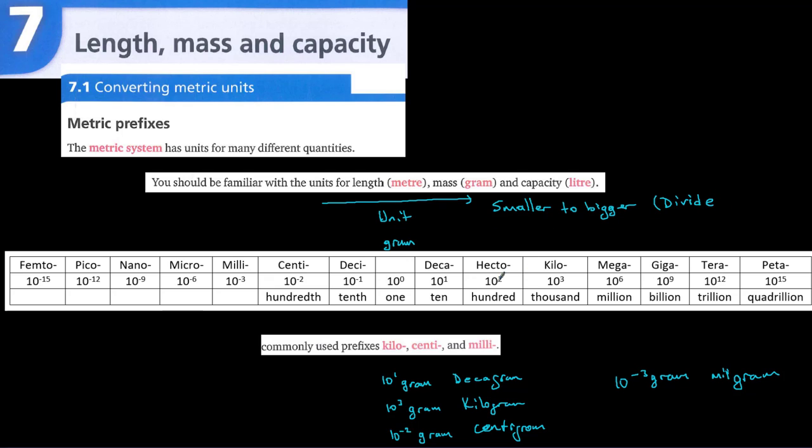If we are converting from a bigger unit to a smaller unit, bigger unit given and we are going to convert to smaller, bigger to smaller, we are going to multiply our units with respect to this table. I'm going to explain how to do that now.